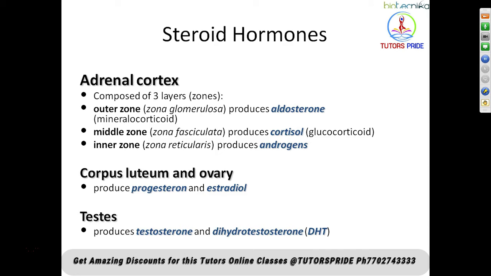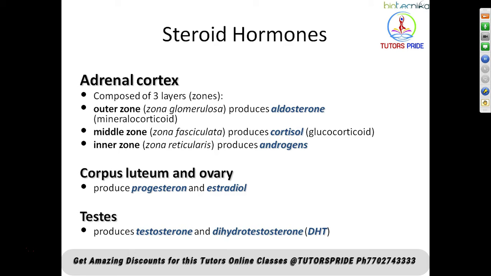And the inner zone is nothing but your zona reticularis, and it is responsible for producing androgens. So these are the things we have to remember. Adrenal cortex, 3 layers: outer zone, middle zone, inner zone, or you can say glomerulosa, fasciculata, and reticularis. Glomerulosa produces aldosterone, fasciculata produces cortisol, and reticularis produces androgens.